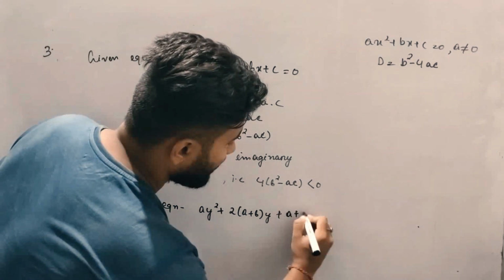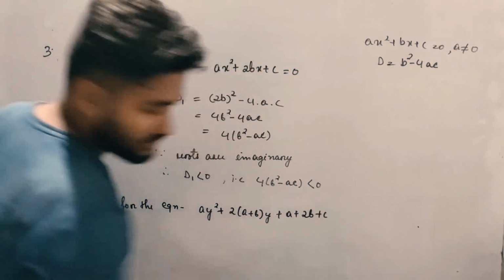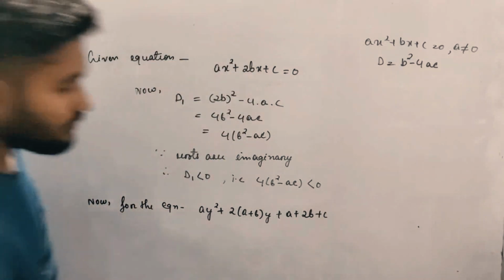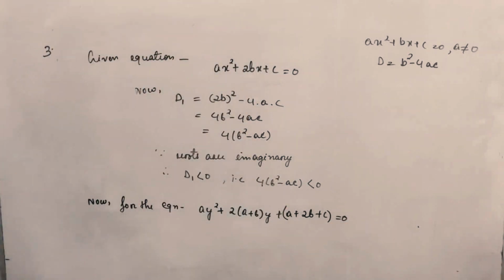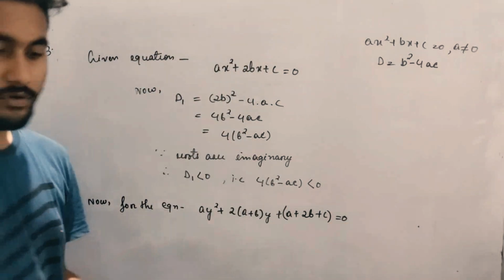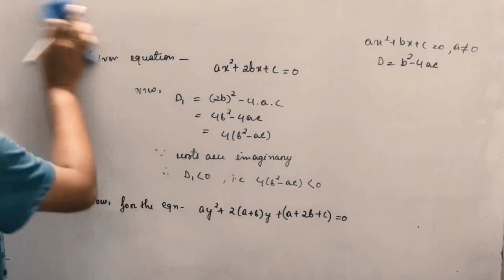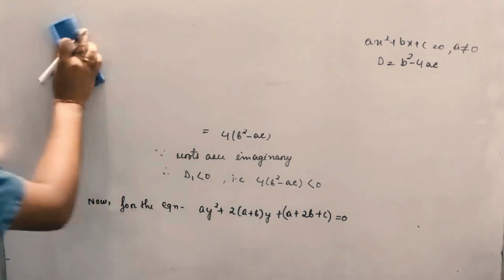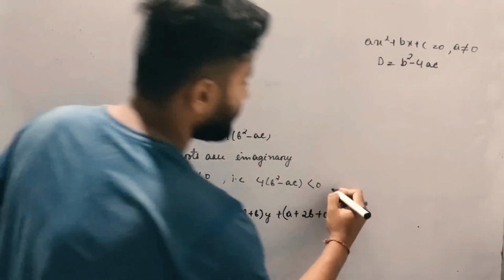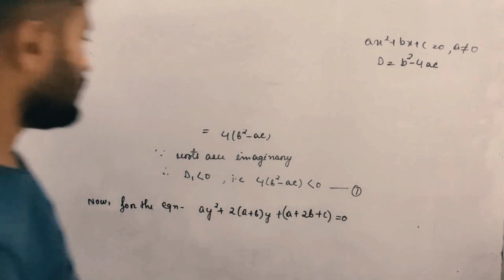This should be equal to 0, right? So we have to show that the roots of this equation are imaginary. You can give this as equation 1.